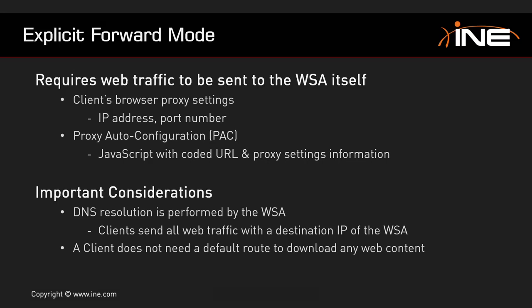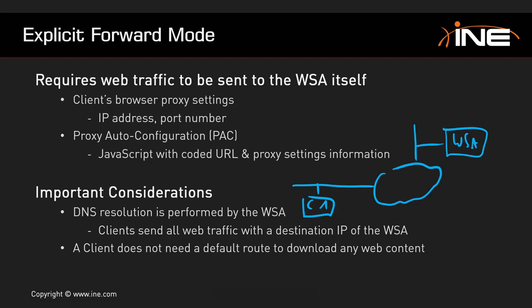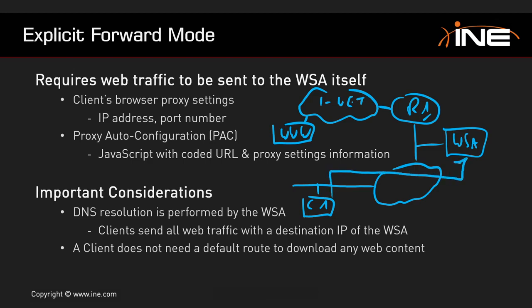So just to recap on this design, if we have a segment with our clients, this is going to be C1. I'm going to say that this is some sort of a network in the middle here, internal network, which is where we have the WSA. And let's say an edge device, like a backbone router, and then the internet with a web server. So again, no matter what URL the user enters on C1's browser, the packet is going to be sent to the WSA.